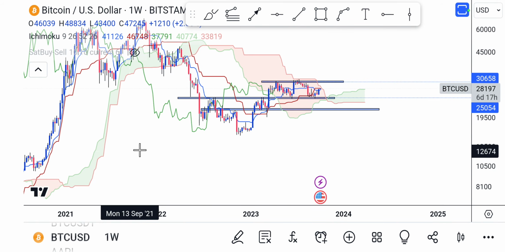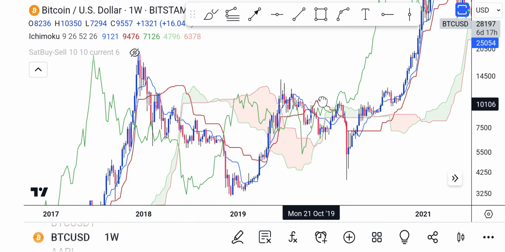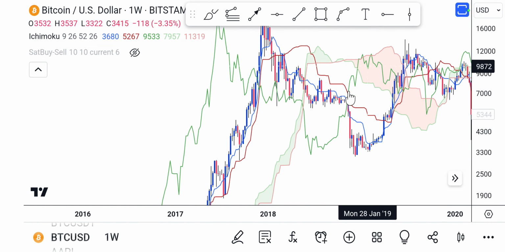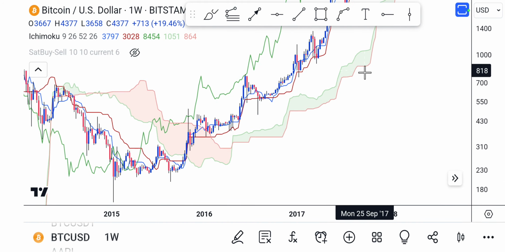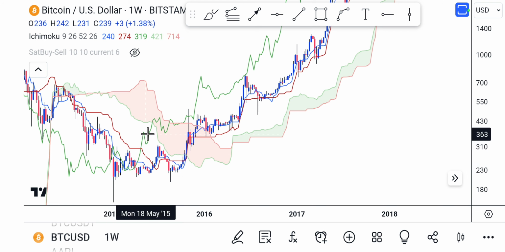So we're gradually waiting for that to play out here, and this is not the first time this has happened. We've seen it happen back in 2015, when the Chikou Span was above the price but below the cloud.